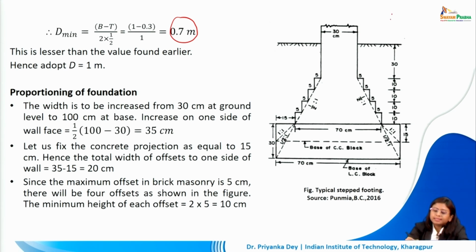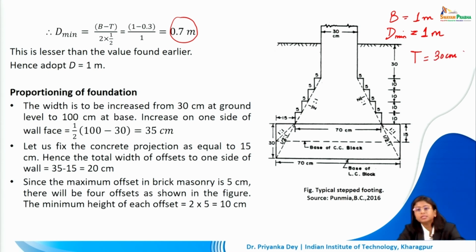So that means capital B is 1 meter, capital D minimum is also equal to 1 meter. And this was considering that T or the base wall was 30 centimeter in thickness.